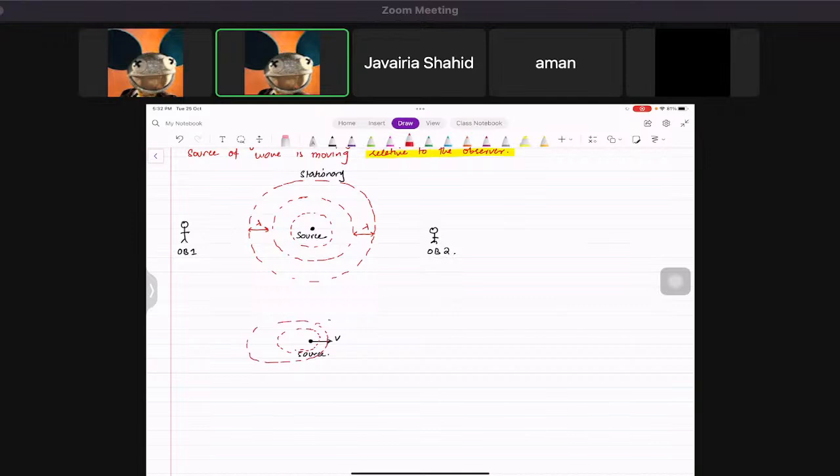So there's all the time a larger gap that is developed behind it. Do you understand this? So this person, observer 1, experiences higher wavelengths than observer 2, who's right in front of the source. Is it clear?